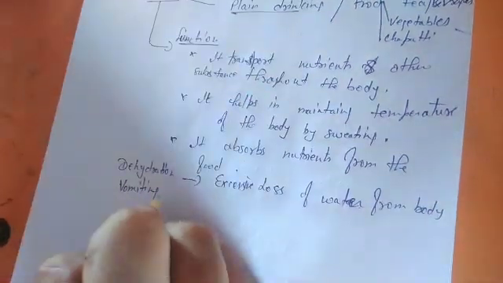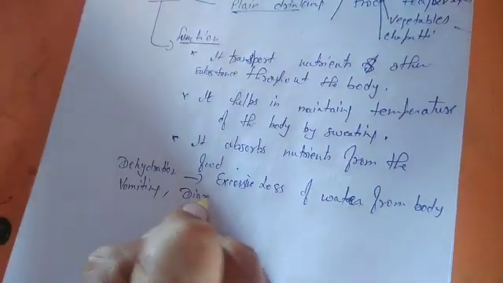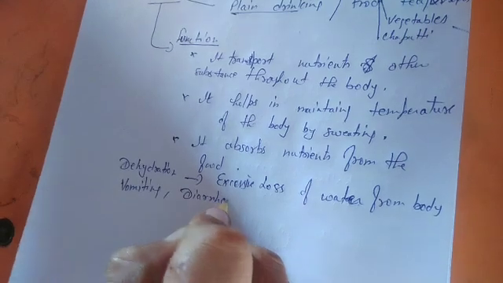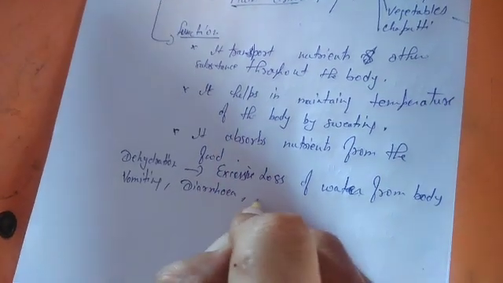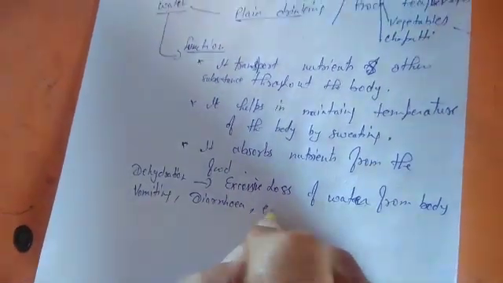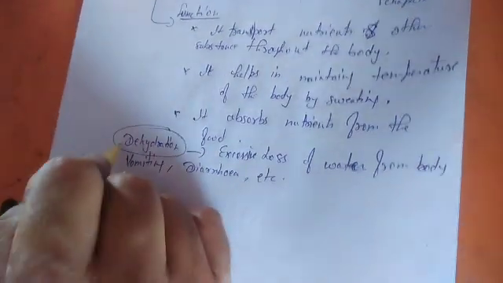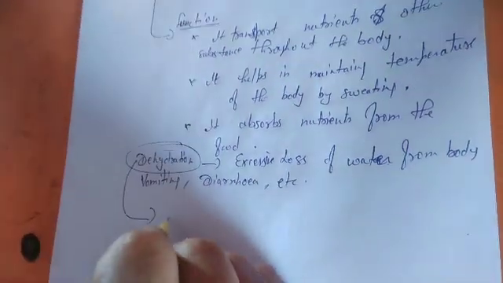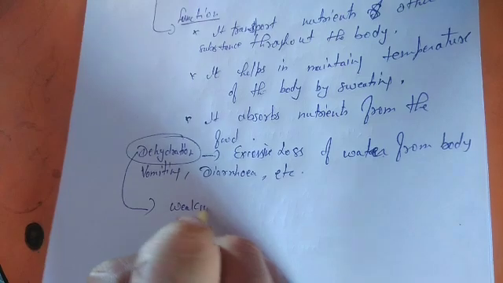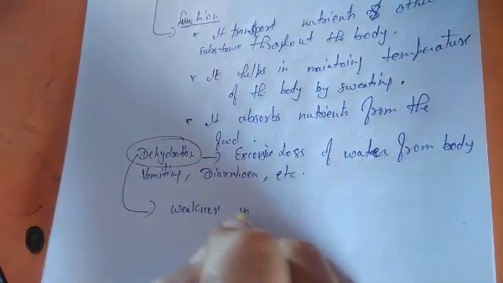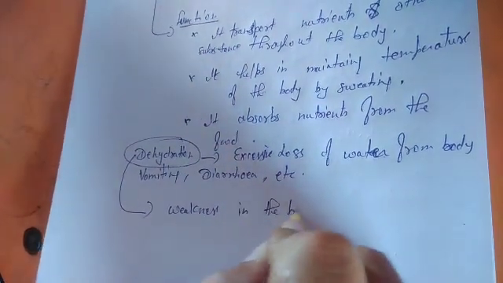Why does it happen? Like vomiting, diarrhea. These are some things which cause loss of water in excess. This is called dehydration, and dehydration leads to what? Weakness in the body.